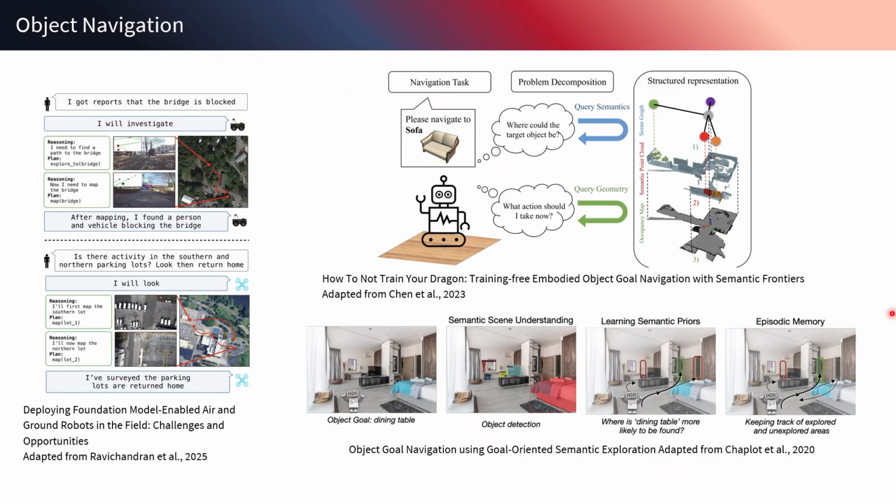It's also important to mention the work done by Samex, the original object navigation project. At the time how they approached it was great, but if you think about outdoor navigation, the problem is that environments are not as structured. That's something mentioned in the Dragon paper, How to Not Train Your Dragon.